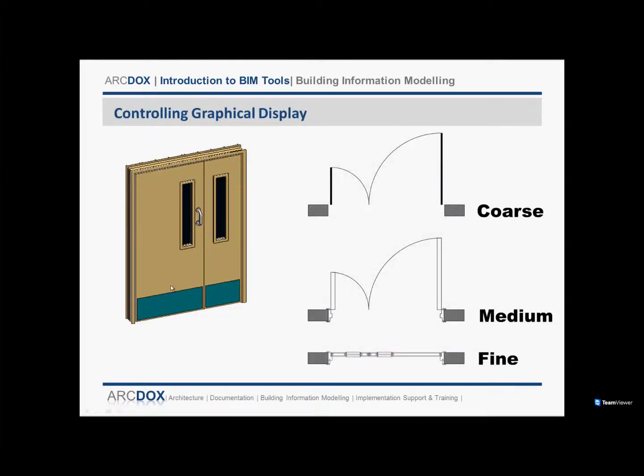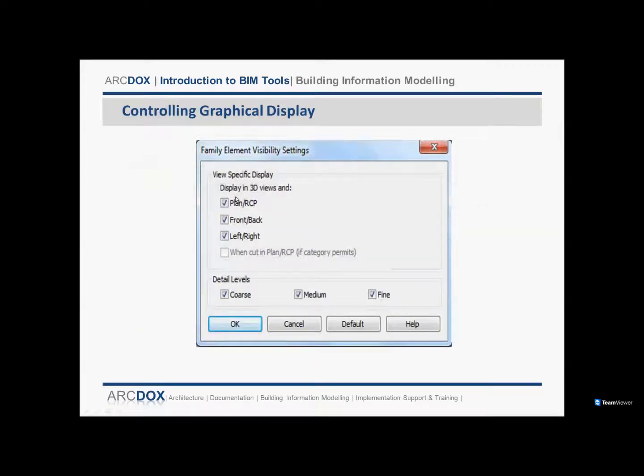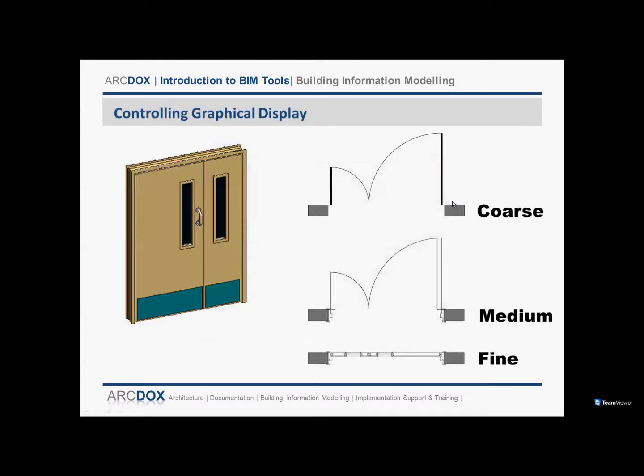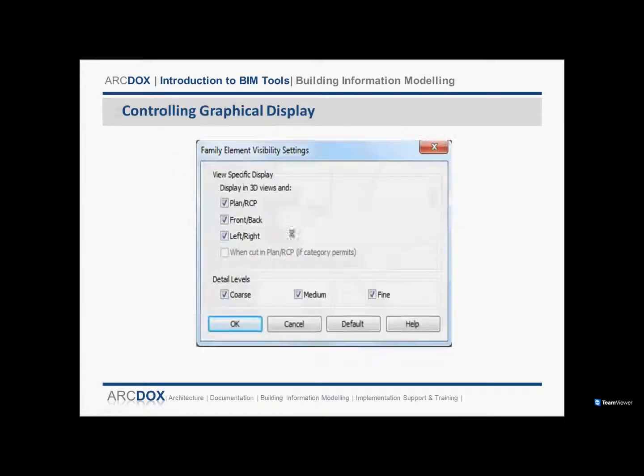If I selected all that 3D geometry and then went to this dialog, I could switch it off so that when I'm in plan, this 3D geometry would not come up, and this 2D geometry that I drew in, which is a lot less resource heavy on your computer, comes in instead to represent where the opening is. So that's one of the bigger concepts to get there.